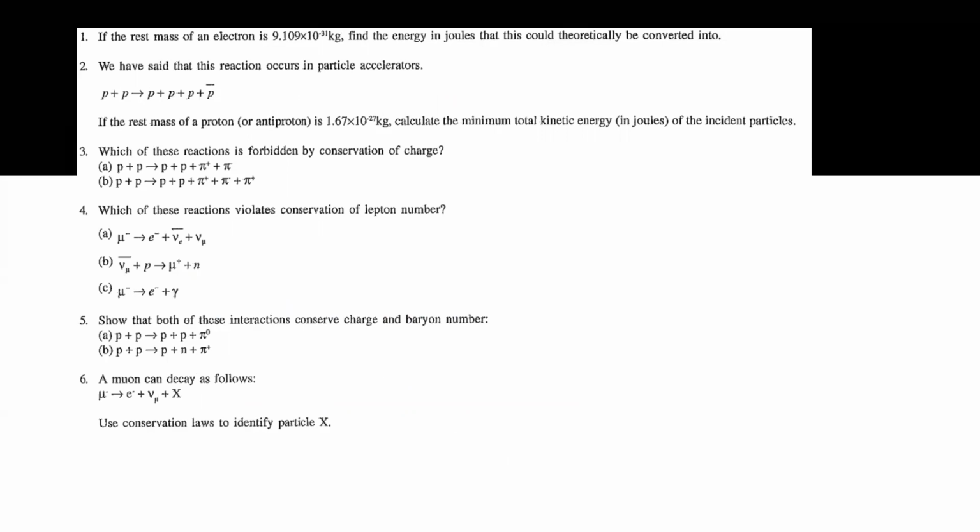Now, sometimes you have to identify the unknown particle. For example, a muon can decay as follows: a muon gives an electron, muon neutrino, and another particle X. So how can we find this particle X?